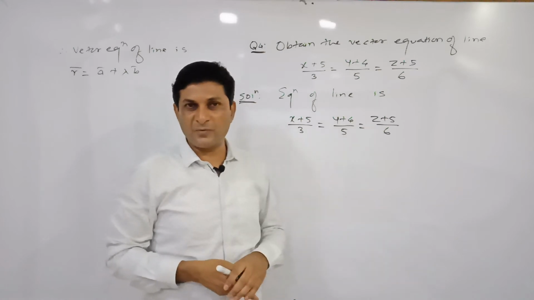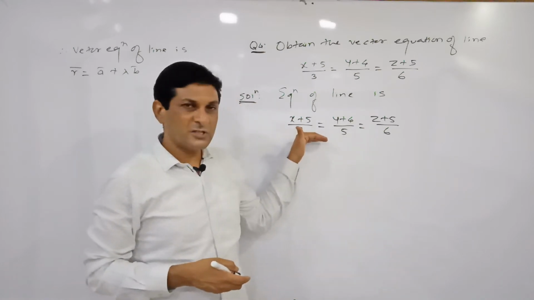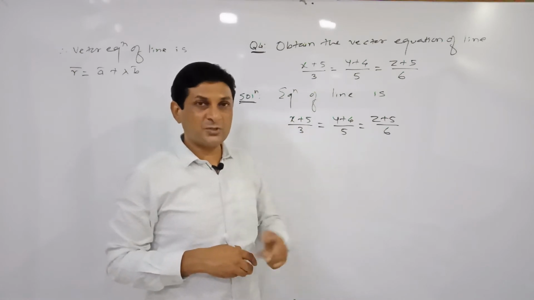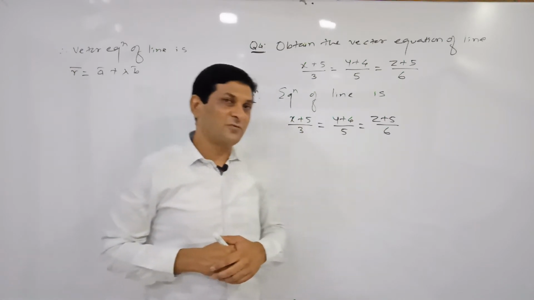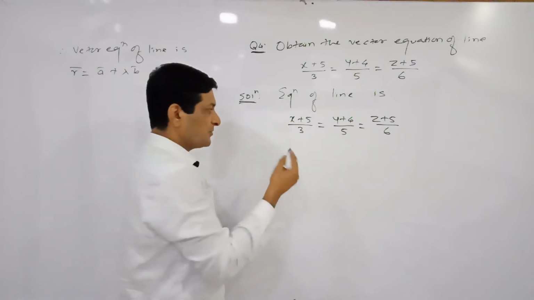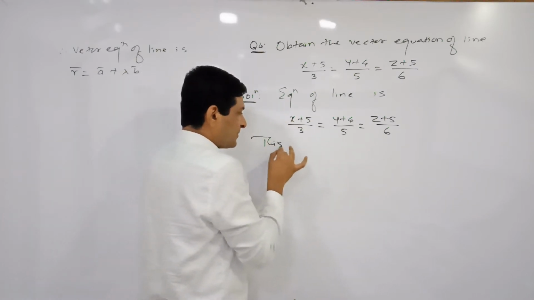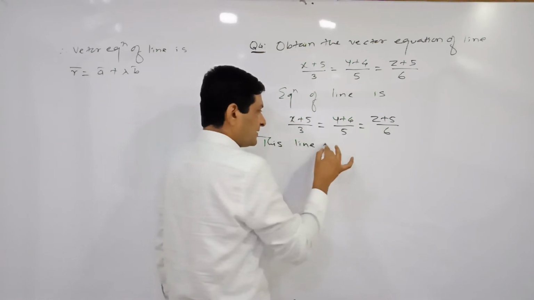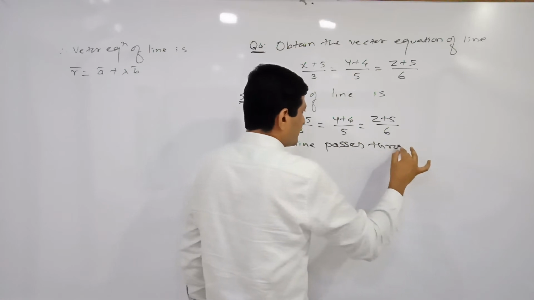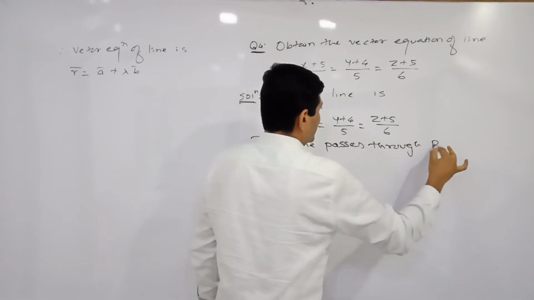So let us try to find the values of a bar and b bar from the given Cartesian equation of the line. From this equation we will get the coordinates of one point and the direction ratios of the line. So we can say that this line passes through a point.